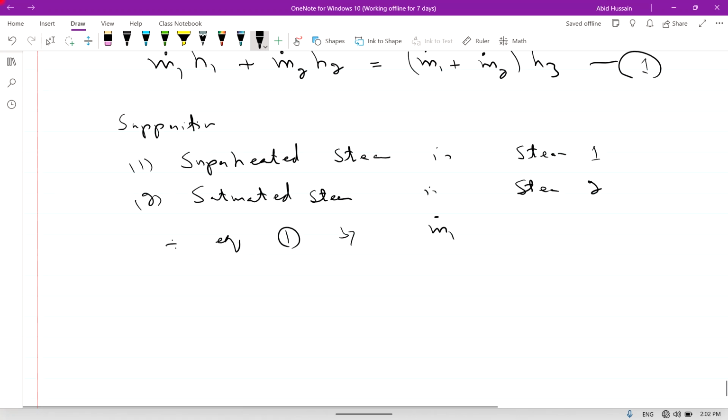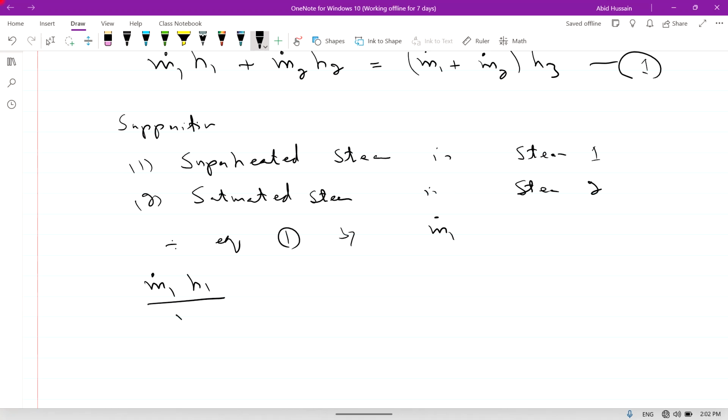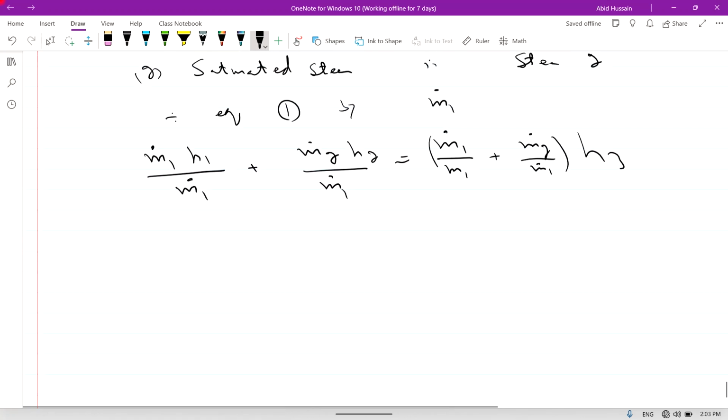So m1 dot h1 divided by m1 dot plus m2 dot h2 divided by m1 dot is equal to (m1 dot divided by m1 dot plus m2 dot divided by m1 dot) h3. Divide the whole equation by m1 dot.